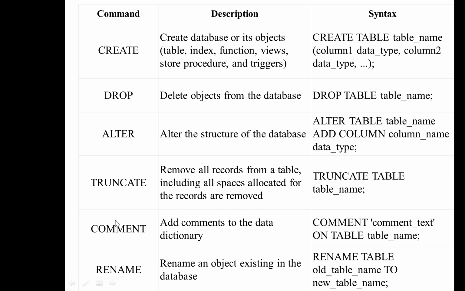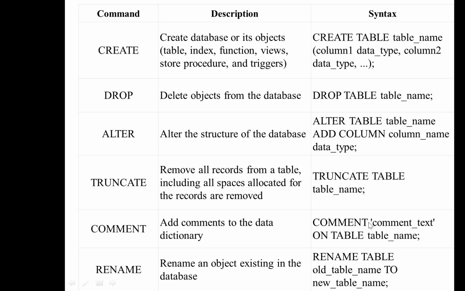If you want to give any comment for your table, we have to follow this comment command. It adds comments to the data dictionary. If you want to add any comments to the data dictionary, we can use this syntax, that is COMMENT.